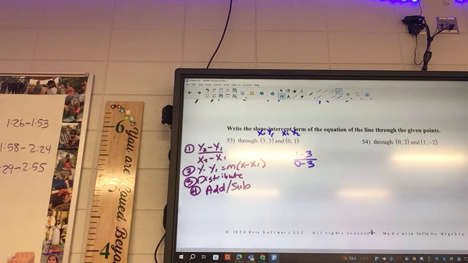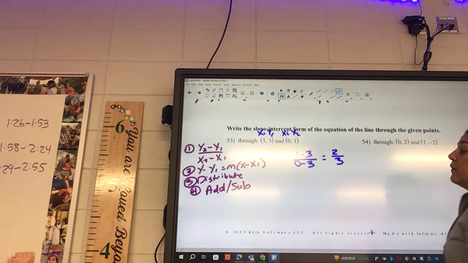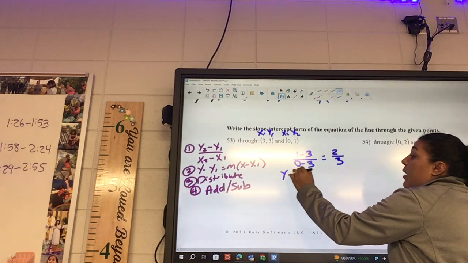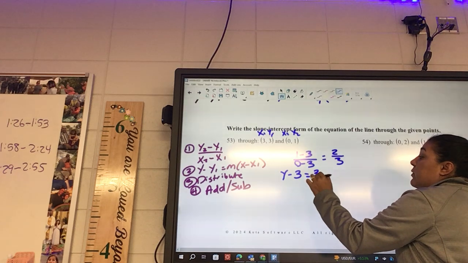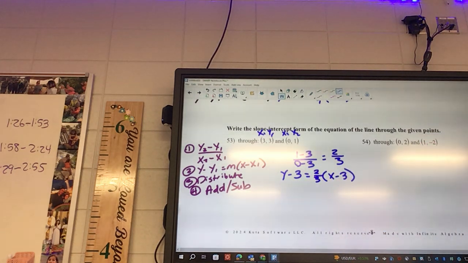Okay, and what is that gonna give you? Check that out. 2 over 3. 2 over 3, somebody agree? Okay, and then we're gonna say y minus, my y1 is 3, equals 2 over 3, x minus x1, which is also 3. Okay, we don't have any double negatives, so we can go ahead and distribute.